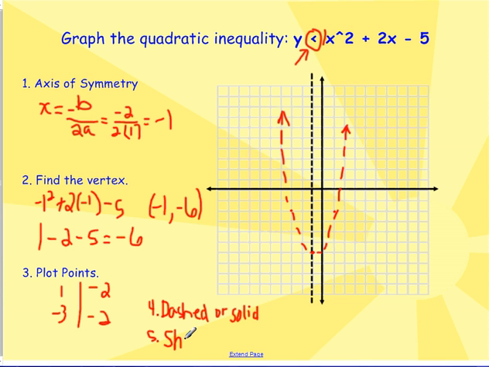So if you recall from graphing linear inequalities, it's the same sort of rule. So in this case, we know because y is less than x squared plus 2x minus 5, we're going to shade underneath. Excuse my little mess up here.